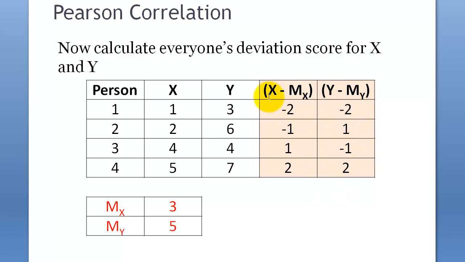The product means this times this. So in this case, minus 2 times minus 2. In this case, minus 1 times 1. And 1 times minus 1, 2 times 2. Those are the products, and there are 4 products. And sum of products means just the sum of products.